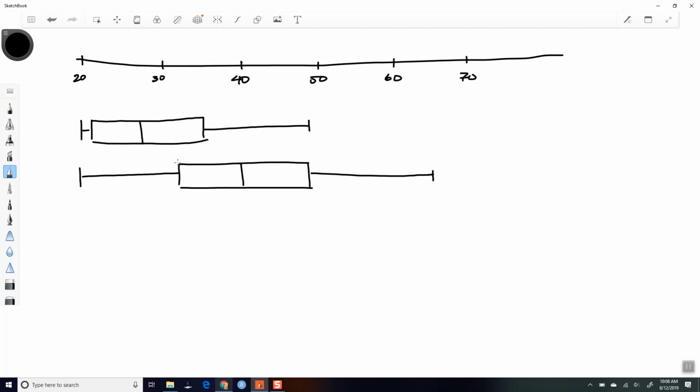let me fix this one up. I'm just going to draw lines to kind of indicate where these things are supposed to be going.